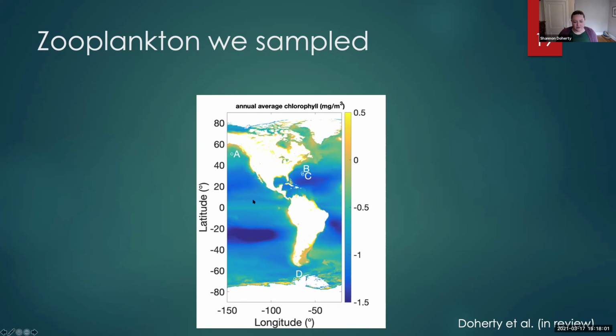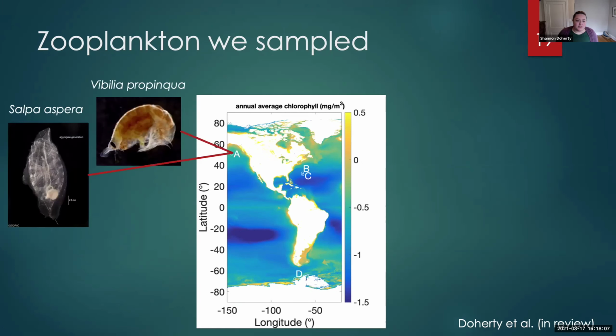Our first cruise is the NASA EXPORTS project in the Northeast Pacific. We collected Salpa aspera and Vibilia propinqua. Salps are those jelly animals that act as vacuums, sucking up particles and producing dense fecal pellets. They were very abundant during this cruise and a very important player in the zooplankton community available at that time.